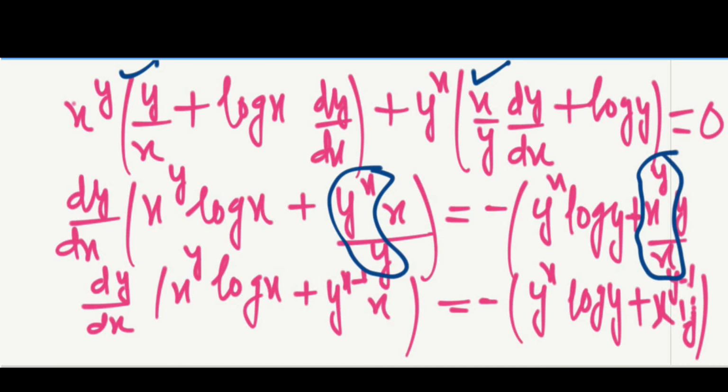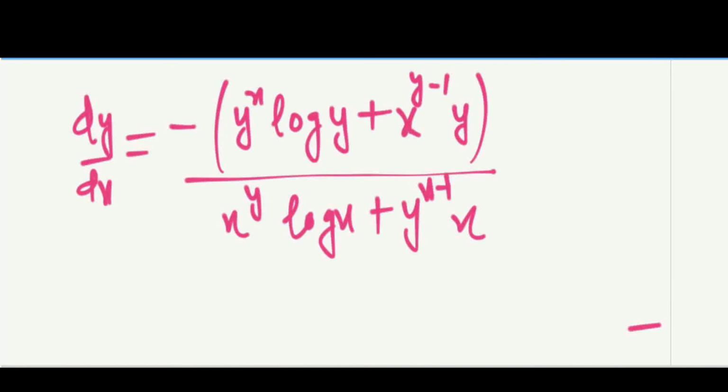So finally, friends, we get dy upon dx equals minus, in the brackets, y raised to power x log y plus x raised to power y minus 1 into y, divided by x raised to power y log x plus y raised to power x minus 1 into x.